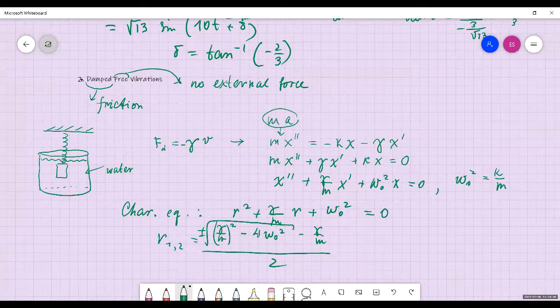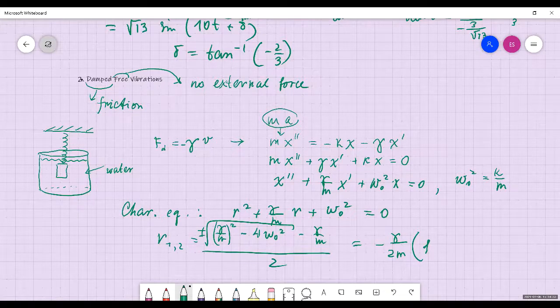I think what I'm going to do, I'm going to take gamma over m from here in front of the root, and I'm going to write it down like this. Minus gamma over 2m, this 2 comes over here, and that's going to be 1.